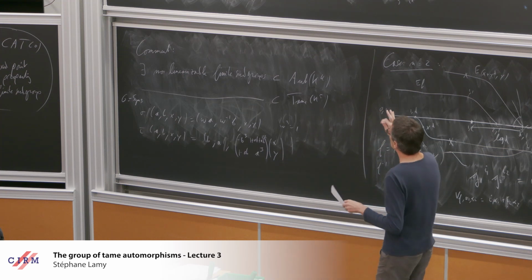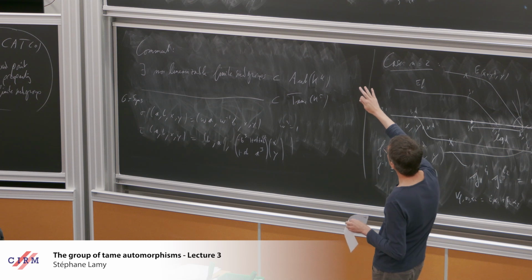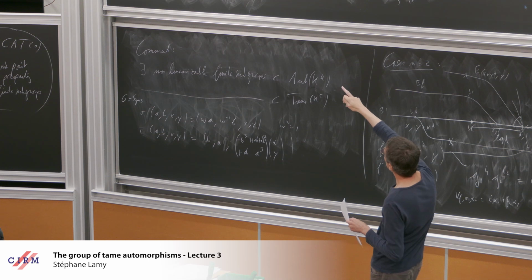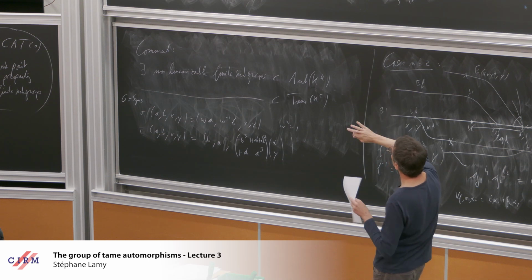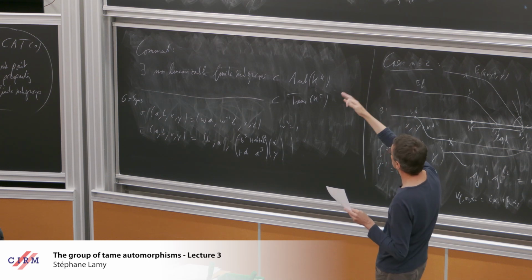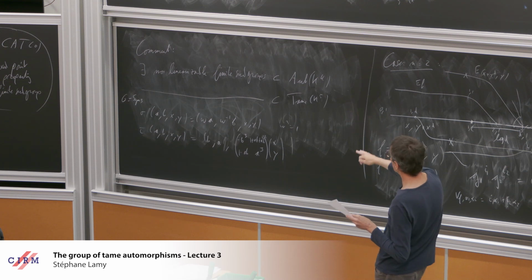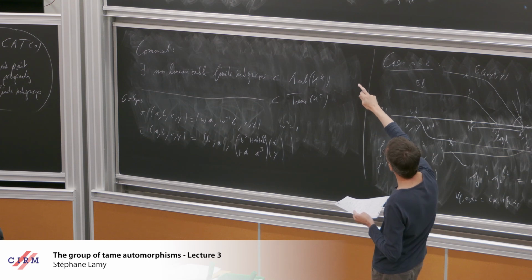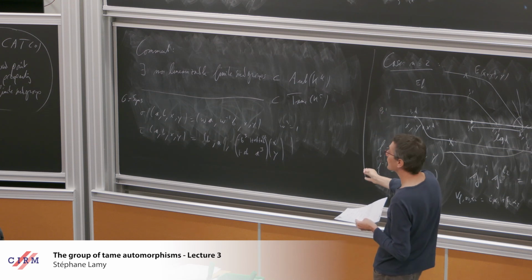So the theorem cannot extend. It's not true that, in the case n equals 5, the union of all the tame apartments is a CAT(0) metric space, because otherwise the stabilizers are fine automatically and the proof of the corollary would work: any f in Tame K5 would be linearizable. It's not the case.